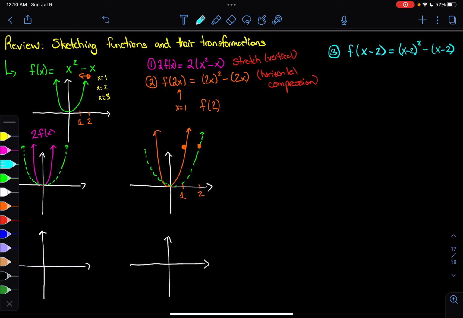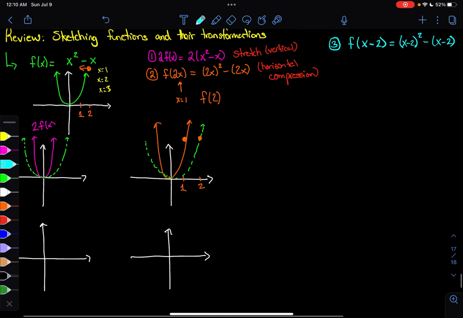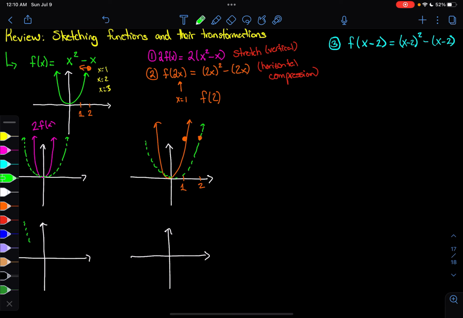That's what we've done. And again, from pre-calc 1, hopefully you remember that this causes your original graph, which looks something like this, to shift to the right by 2 units, okay? So now your graph is over here. All right, so that's what the blue one does.